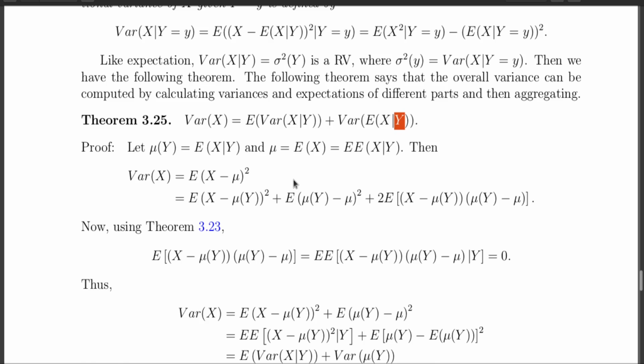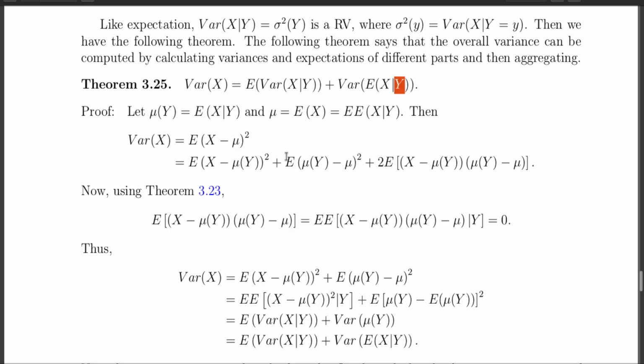The proof is simple, and the technique is one we have used many times. We start with the variance. By definition, the variance is the expectation of (X minus mu) whole square. Mu is the unconditional expectation, which can obviously be written in this form, and mu y is the conditional expectation. Now I introduce mu y here, minus mu y plus mu y, and break the square term.